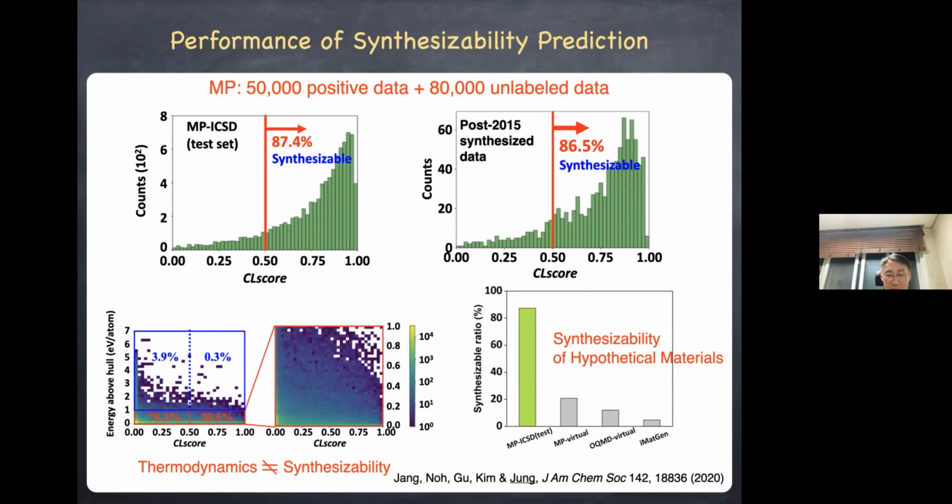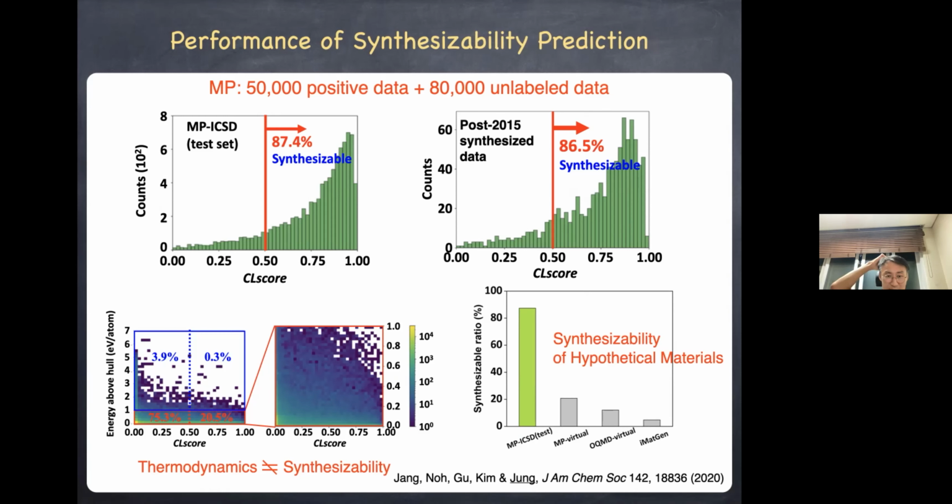One thing that we found interesting was this figure. It compares the synthesizability score on the x-axis, 1 being highly synthesizable and 0 being highly unsynthesizable, and the y-axis is the thermodynamic stability. We find that synthesizability and thermodynamics are not correlated.